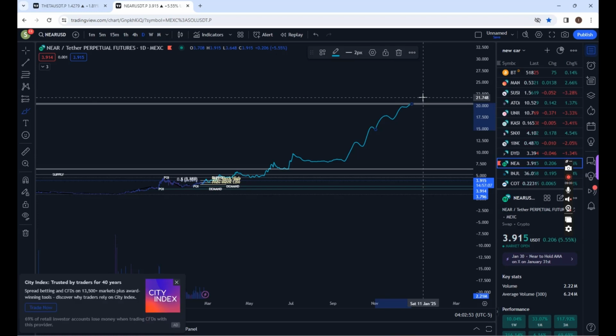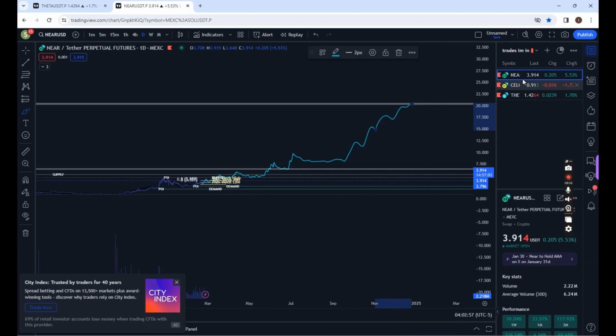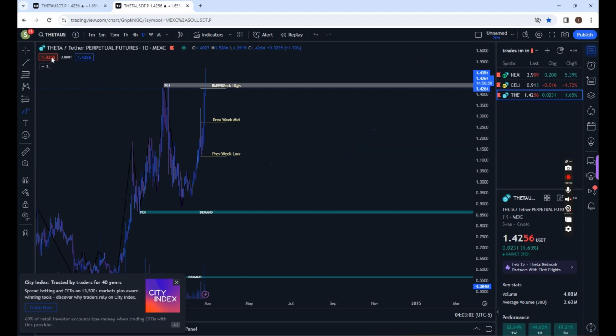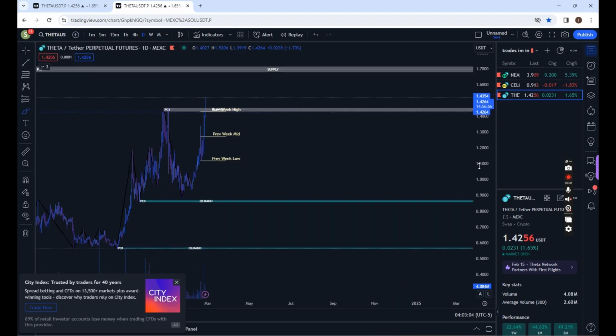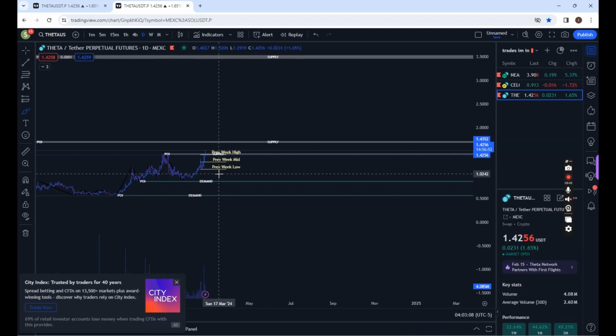And I've done this with Nia, and I've also done this with Theta. So I've done the same with Theta. I've timed it by 1. I bought in here at previous week's low.